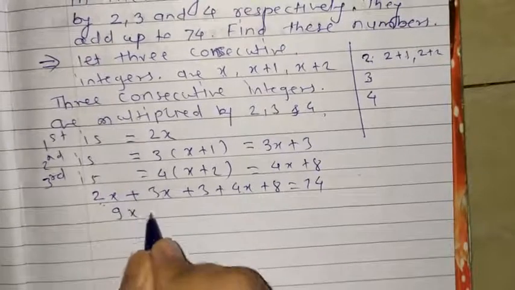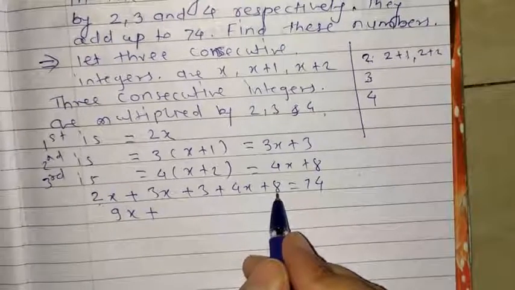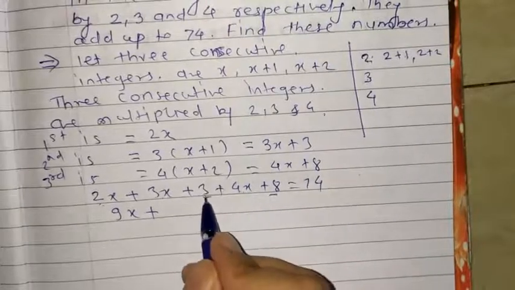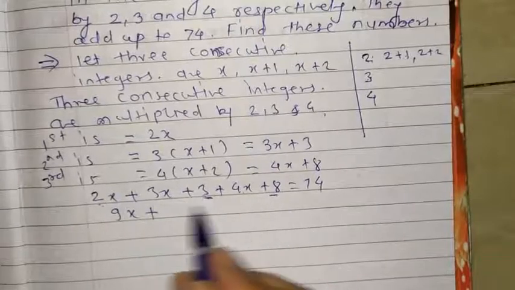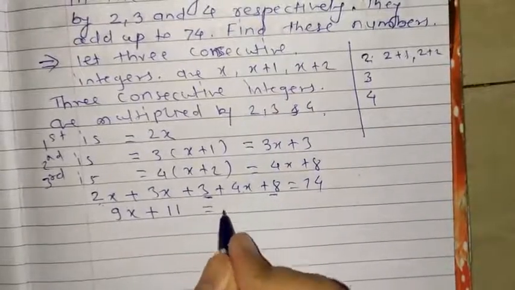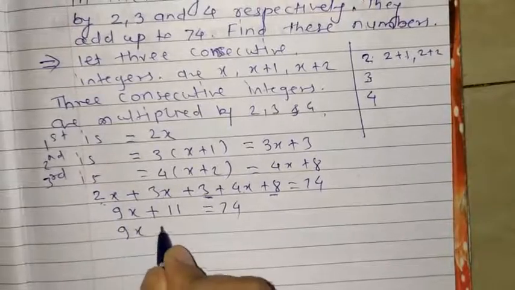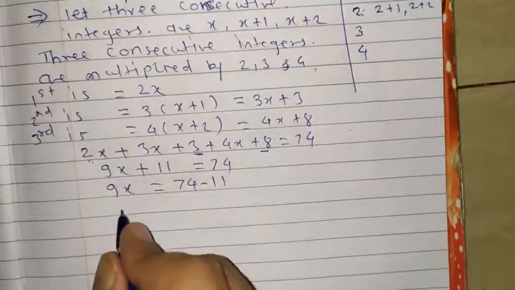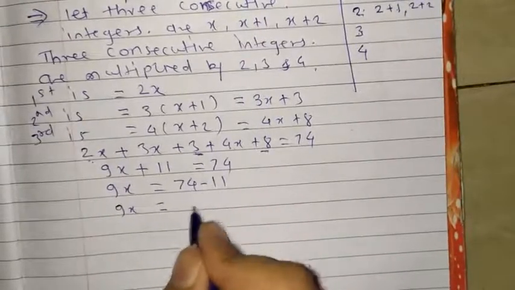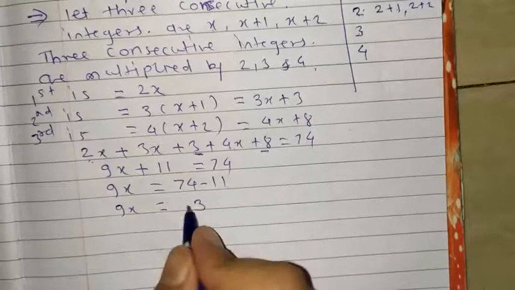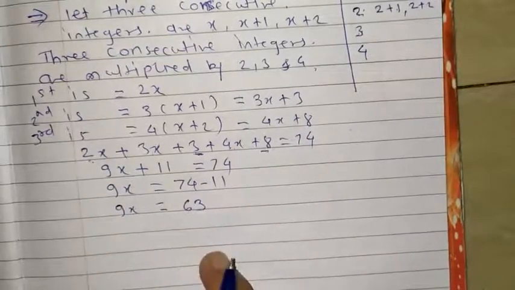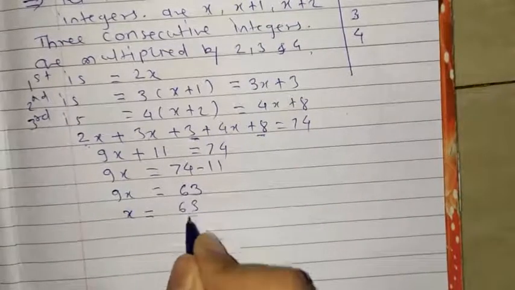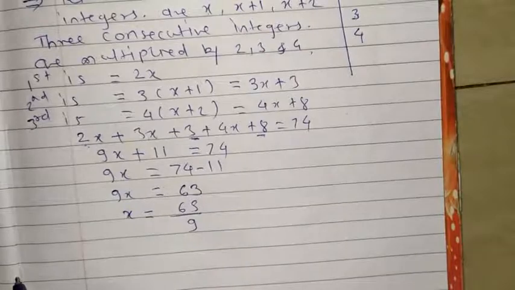So it is 9x plus the remaining integers, 8 plus 3, which is 11, equal to 74. So it is 9x equal to 74 minus 11, which is 63. Finally you write x equal to 63 divided by 9.